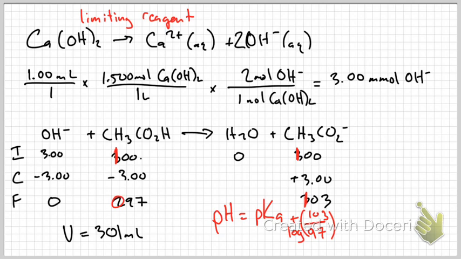Remember, on the top and the bottom, you have the same volume. So in essence, you can kind of just say the ratio of the moles to find your pH. If you do this calculation, pH is going to be slightly higher than pKa, so it works out.